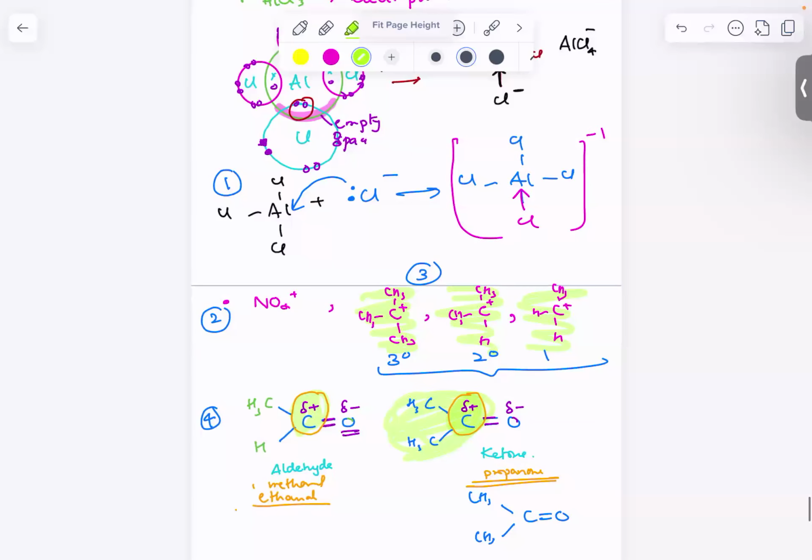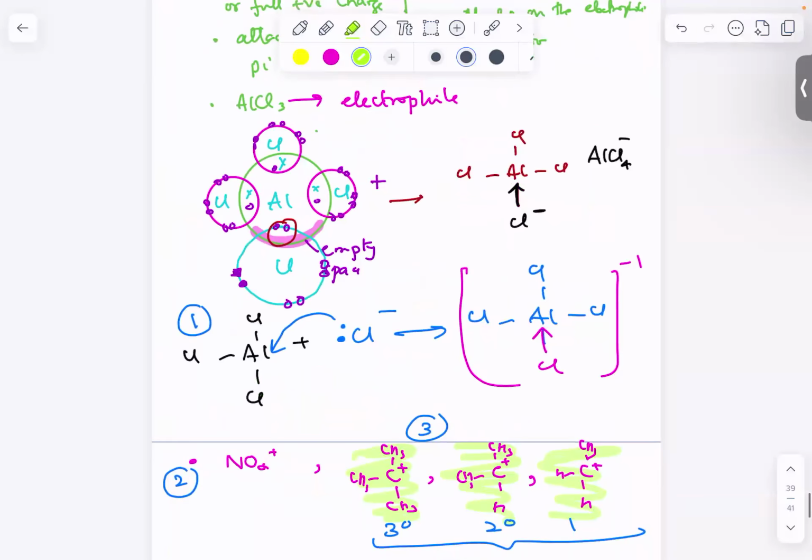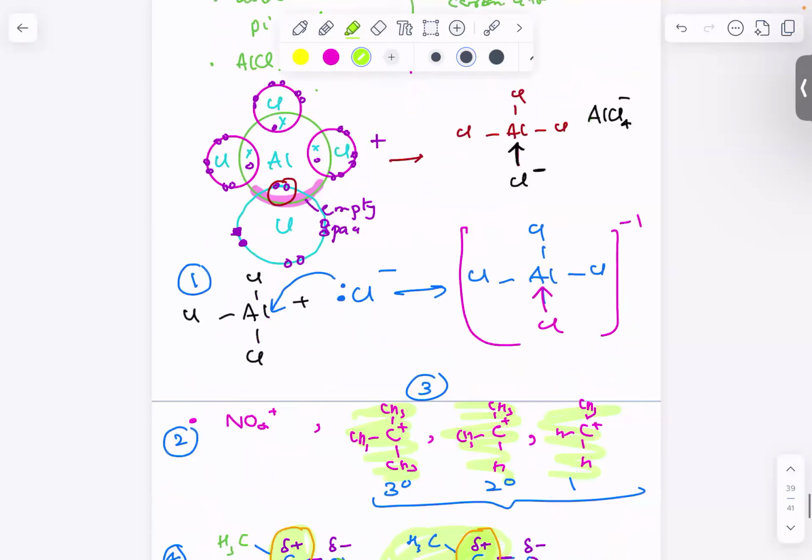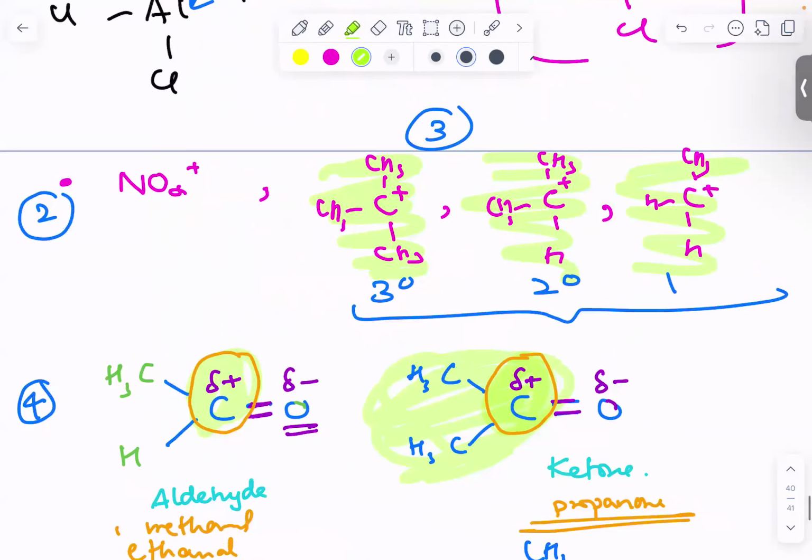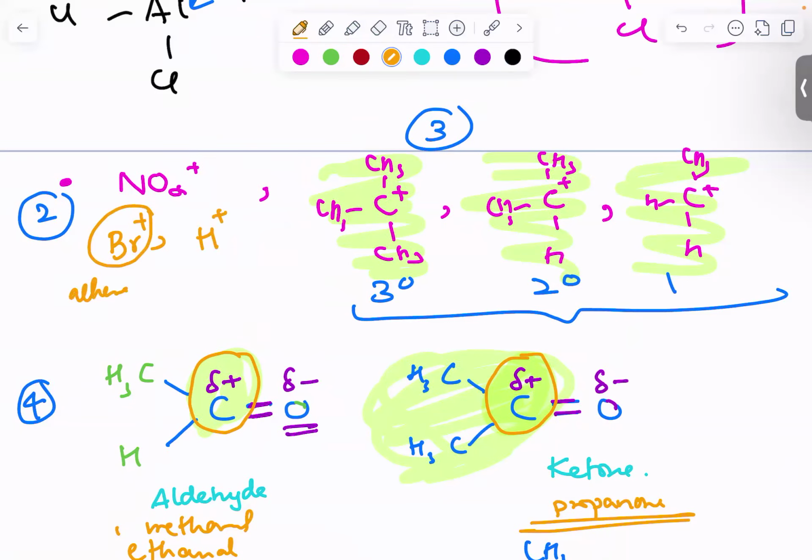Now there is another. I have written one, two. With nitronium ion, you can add Br positive or H positive. Br positive comes in alkene. When aqueous bromine sees alkene, you know that alkene decolorizes the bromine water, which is of orangish red color.